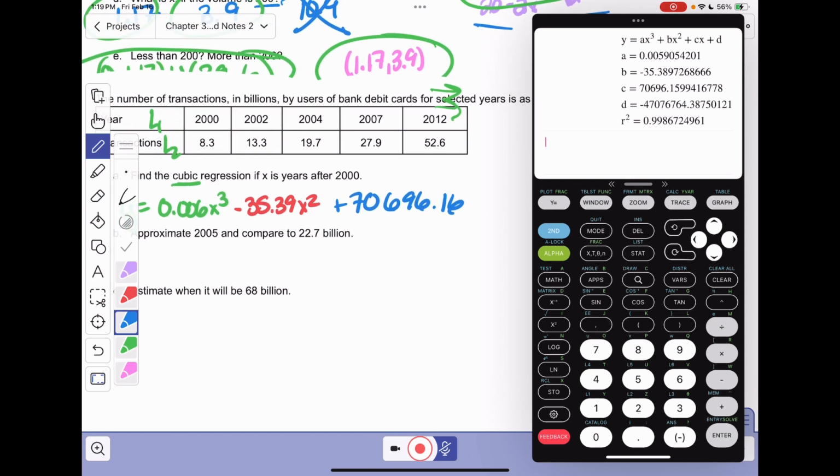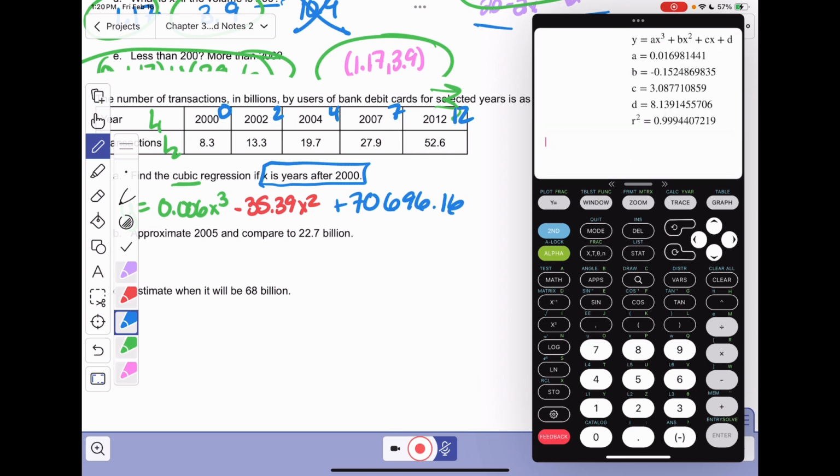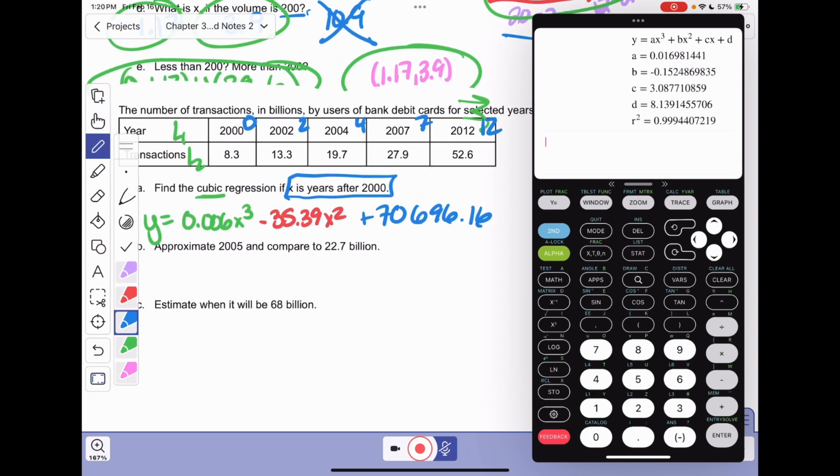Now this says x is years after 2000, so this would be 0, 2, 4, 7, 12. So if I go to my stat edit and change the years to just the years after 2000 and do my regression again, A and B are the same. Oh, I guess they have changed a little bit.